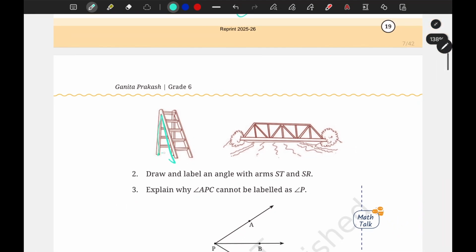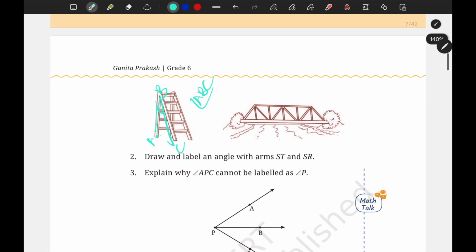So this is arms and angle ABC, angle ABC. Here there are more arms: 1, 2, 3, 4.